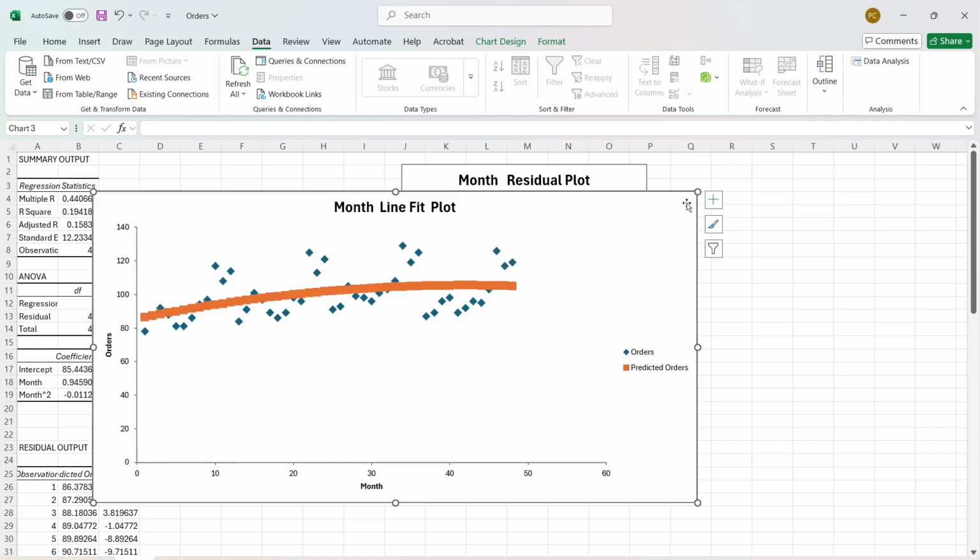I'm going to zoom in on this one that used regular month, and you see, sure enough, orders as a function of month. Here's my actual data in bluish, and here's my fitted in this orange color. And yeah, you can see right here it pauses and it starts to come back down at the end of the sample. So that's what a parabola is always going to do. It's always going to turn around somewhere.